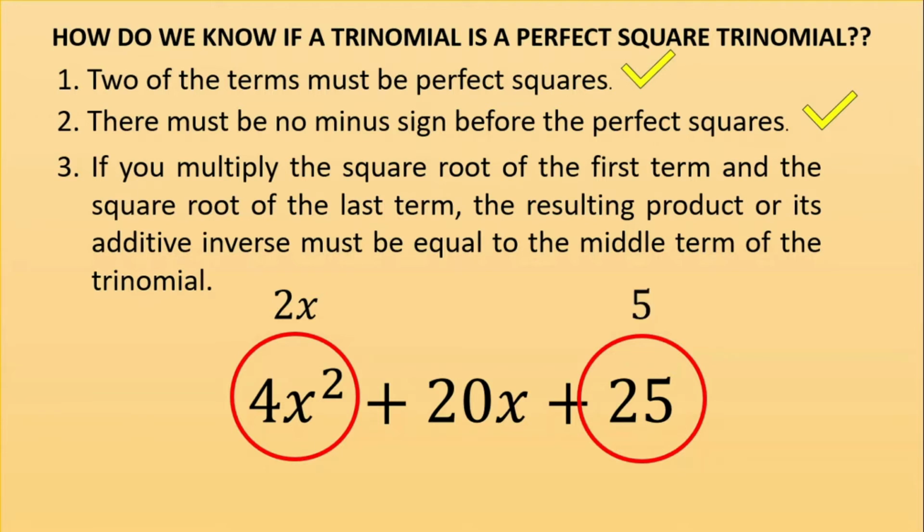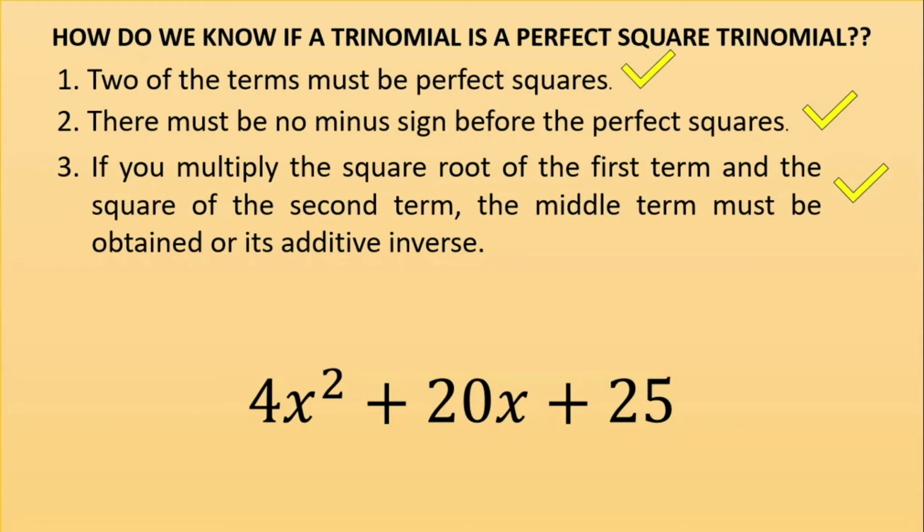Now we multiply these two square roots and then double them, or multiply by 2. Doing that, 5 times 2x is 10x, times 2 equals 20x. Now we compare this resulting product to the middle term, and if they are the same, then we also have a check mark for the third requirement.